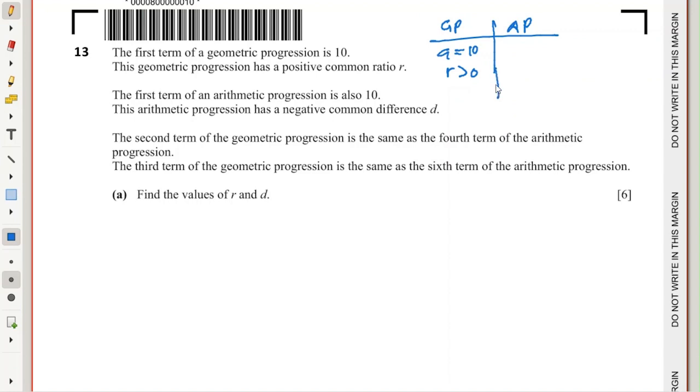The first term of an AP is 10. The AP has a negative common difference, so the common difference is negative. The second term of the GP is the same as the fourth term of the AP, and the third term of the GP is the same as the sixth term of the AP.